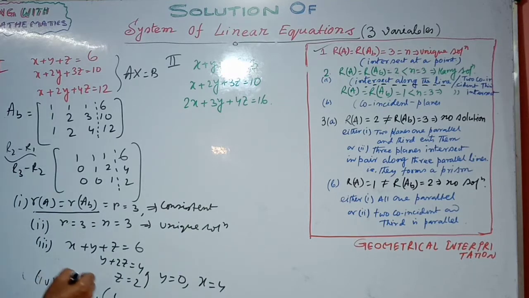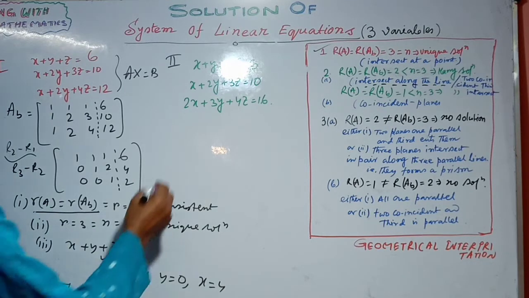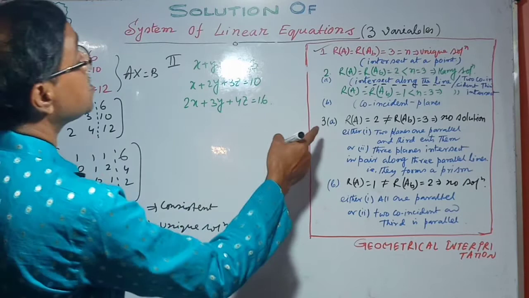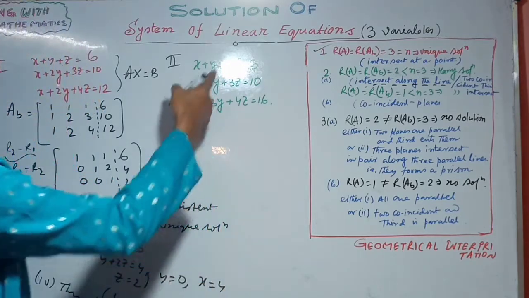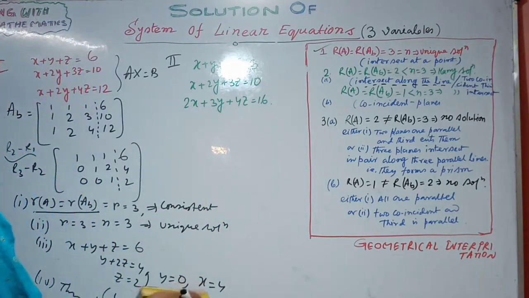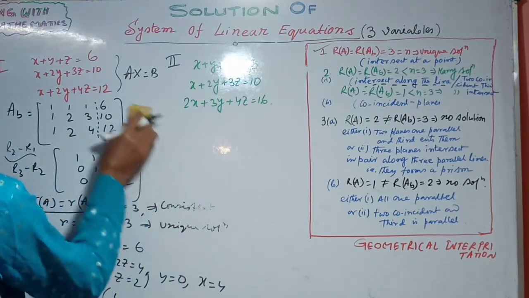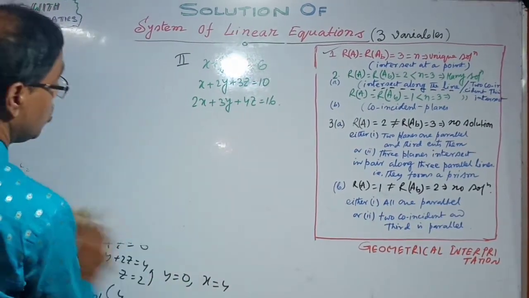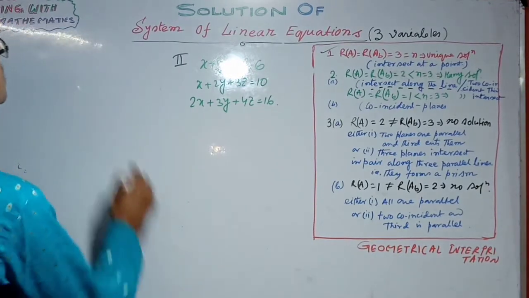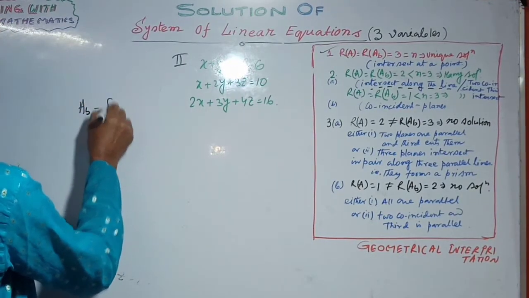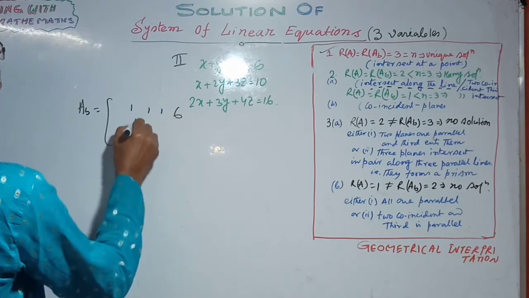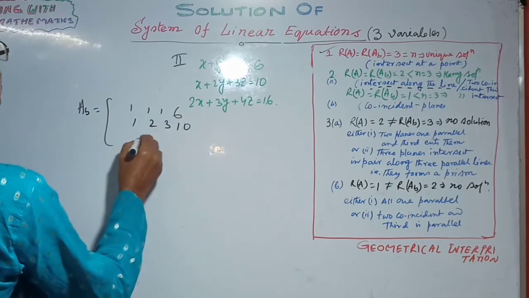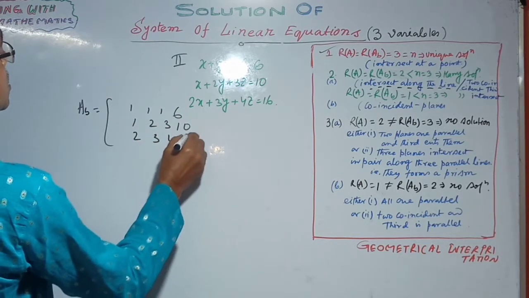Now we are going to the second case, x plus y plus z equal 6, this equal to this. Now also we apply row reduction. Here AB is 1 1 1 6, 1 2 3 10, 2 3 4 16.